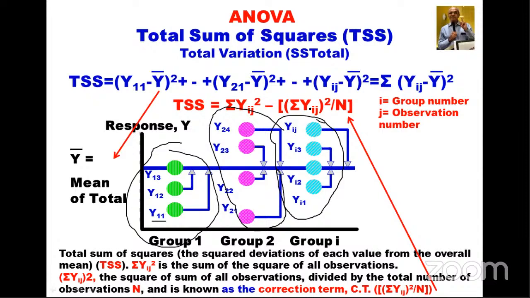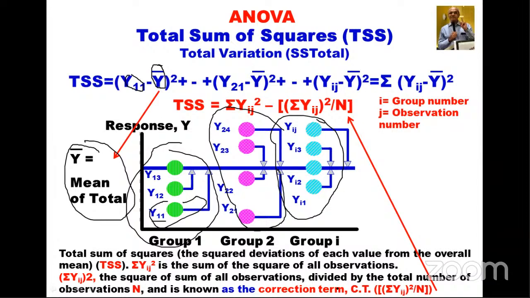The total variation is: y11 minus y bar, where y bar is the mean of the total, that is, the sum of all observations divided by the total number. So overall mean, mean of the total observations, is y bar.